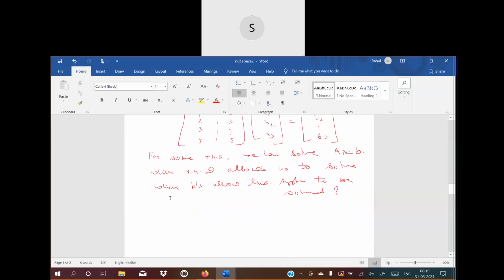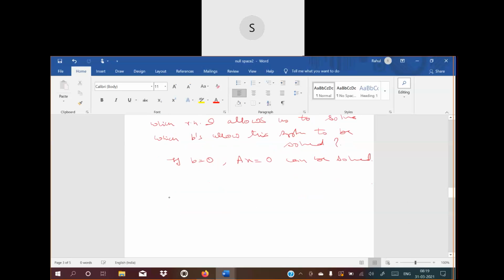Those b's are in the span of the columns of A. If b is equal to 0, then Ax equal to 0 can be solved. The question is what kind of b will allow this system to be solved.